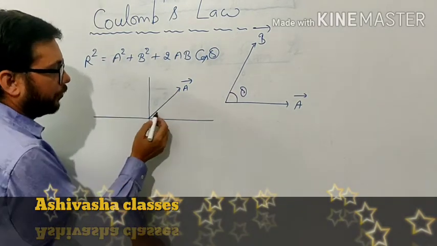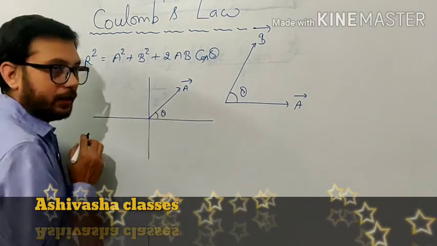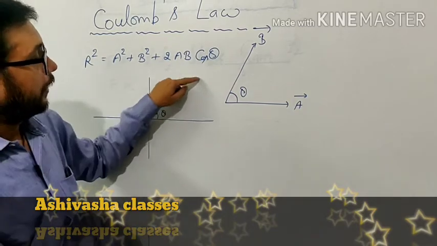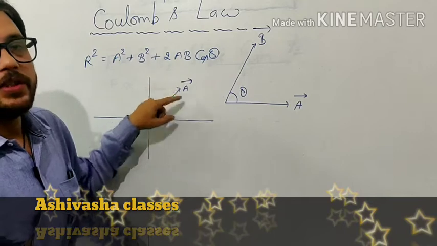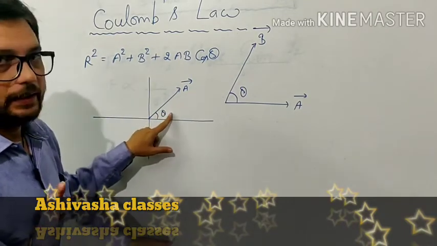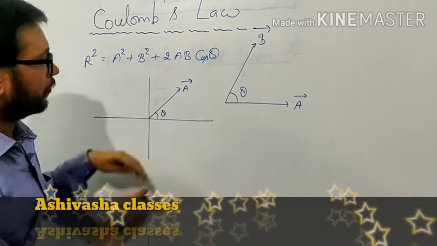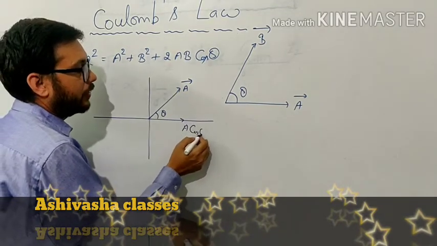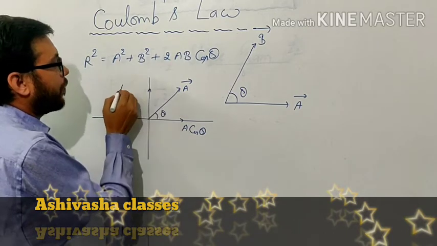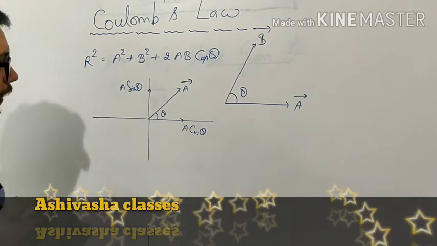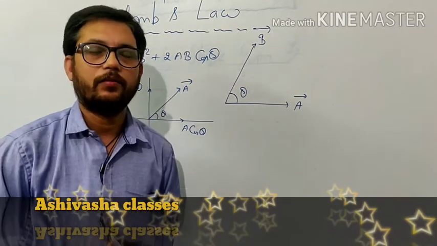So let's suppose this is angle theta, but always remember that the vector quantity must be in a plane. We consider angle theta and then we can simply resolve the vector as A cos theta and then A sin theta. This is called resolution of vectors.